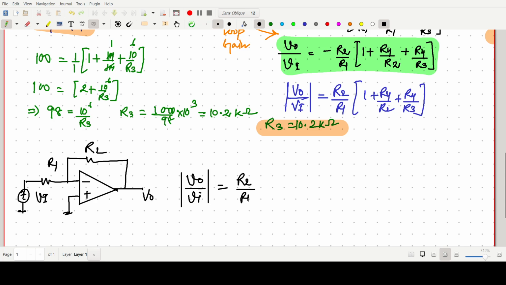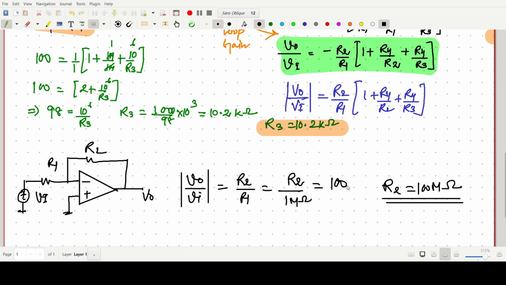R1 we are taking as 1 mega ohm, and we have to make a gain of 100. So R2 will be 100 mega ohm.